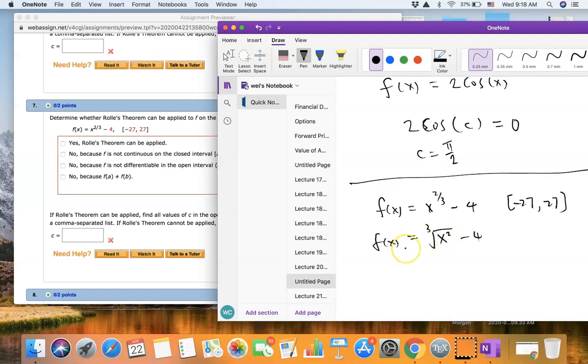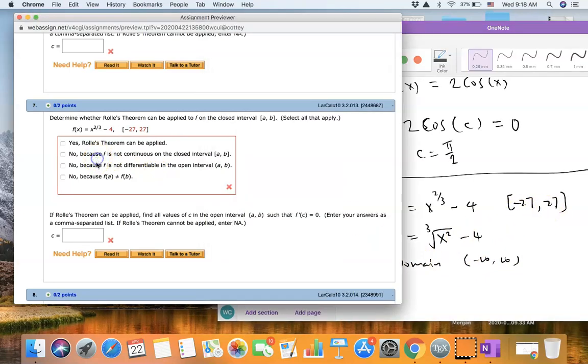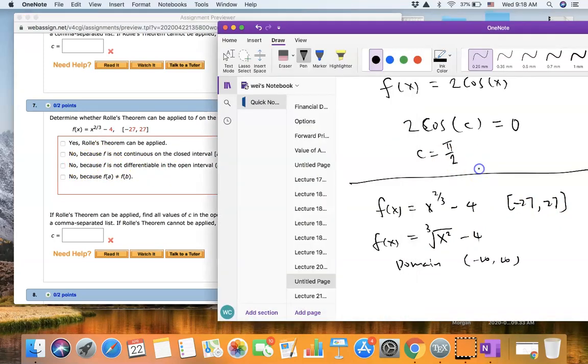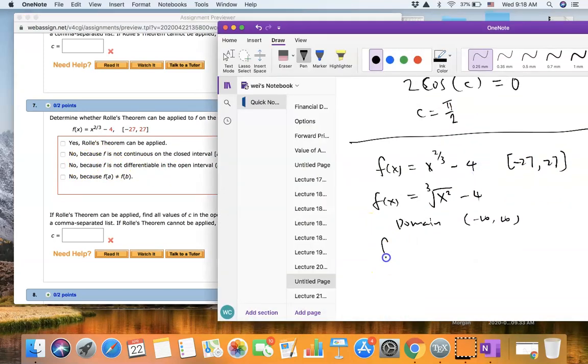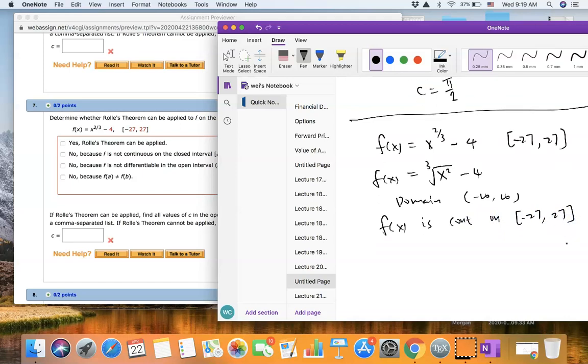So the function is defined everywhere. Since the function is defined everywhere, the function will be defined on this closed interval. Therefore, the function is continuous. Okay, the function is continuous. So the first condition is satisfied.